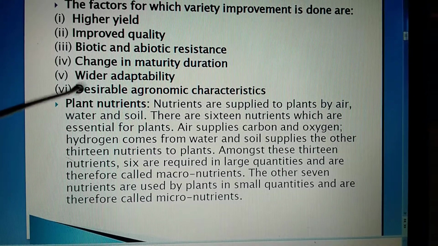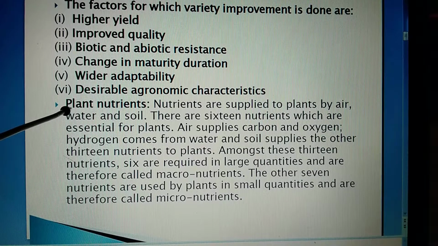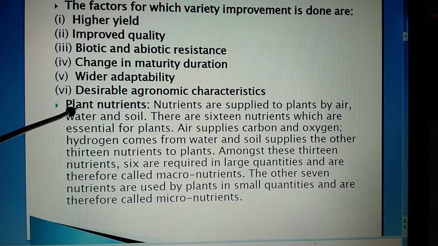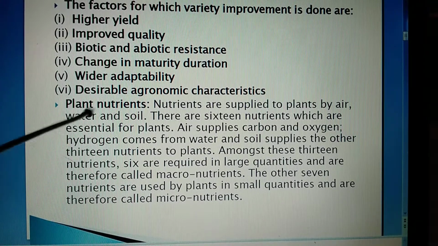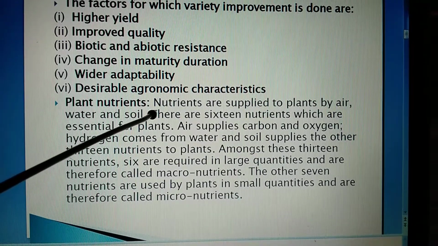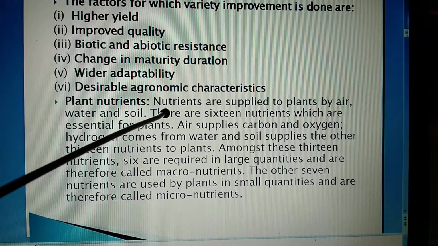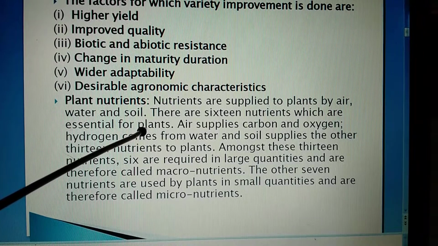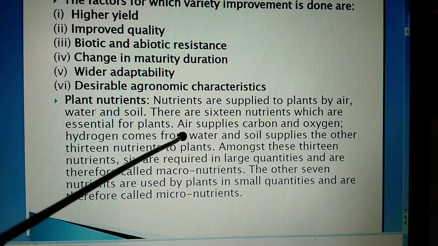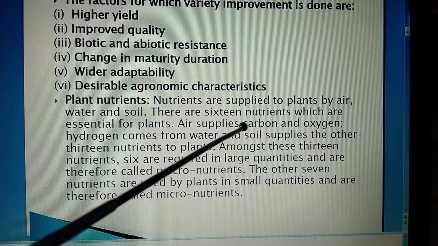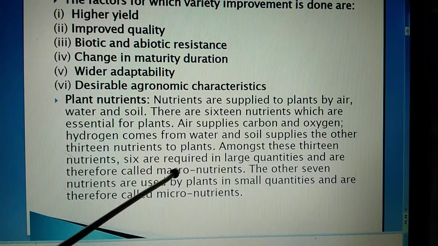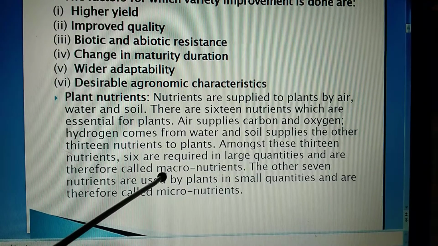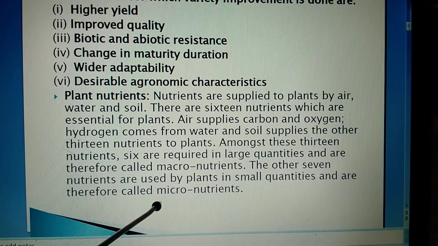So, for these factors, the first important element that we need for the crop is plant nutrients. Plants should be supplied with better nutrients for growth, which should contain proper macronutrients and micronutrients. What do we mean by macronutrients and micronutrients?